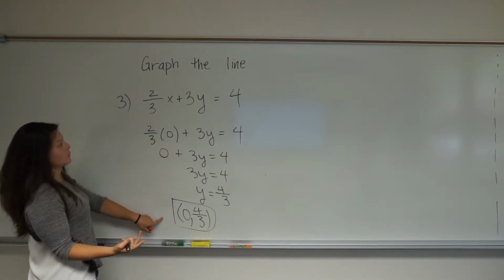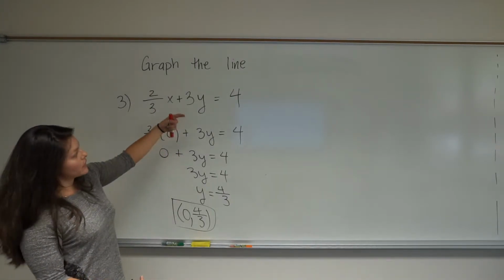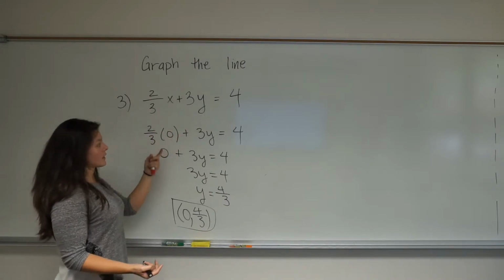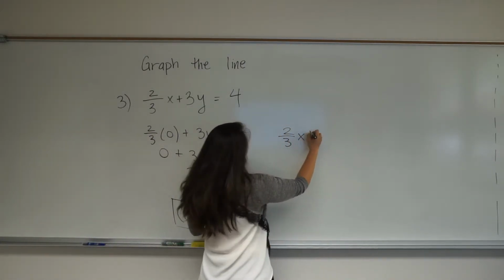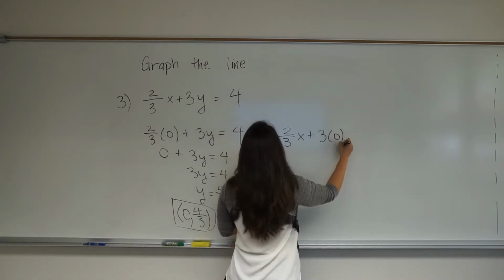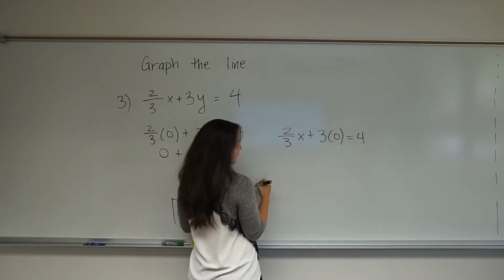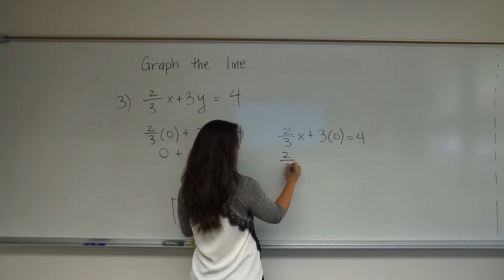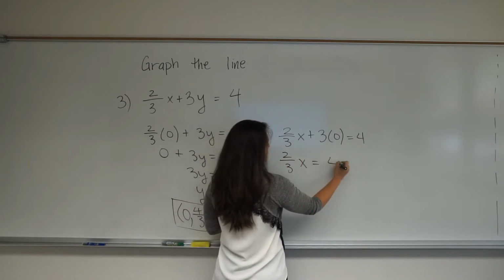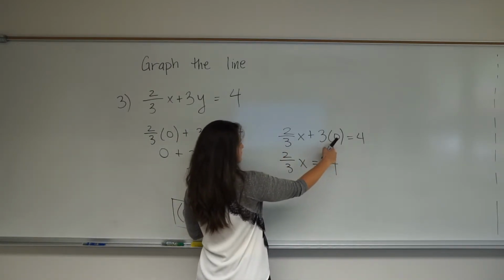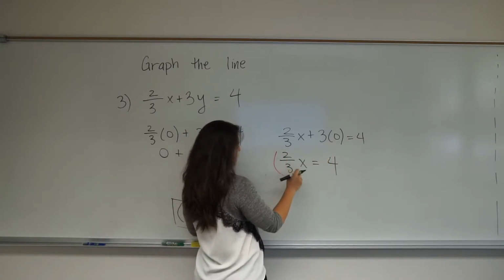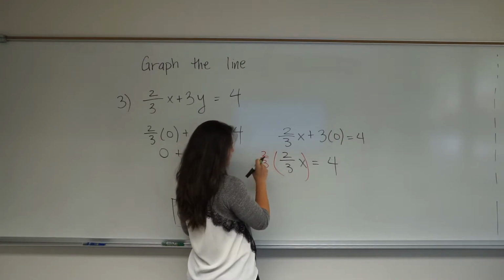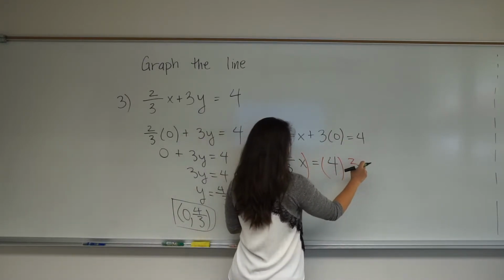Now let's find a second point. Let's now plug in 0 for y and solve for x. Okay, let's solve for x. We get 2/3 x equals 4, because 3 times 0 is just 0. Let's multiply by the reciprocal of 2/3 to isolate x.